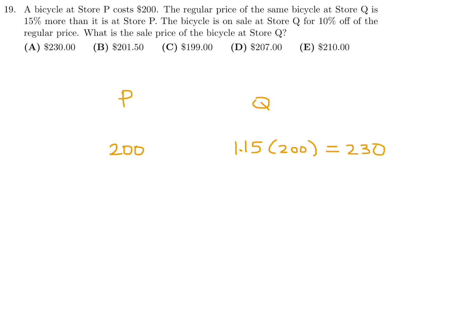Now they're saying the sale price is 10% off of this, so we have to multiply that by 0.90 to get the sale price, and when you do, you get 207. So the sale price at store Q is $207, which is choice D for number 19.